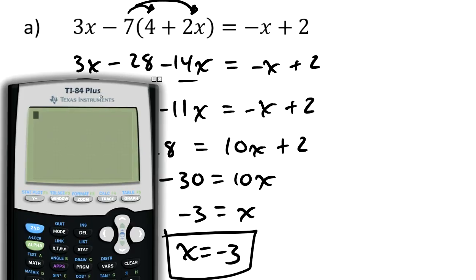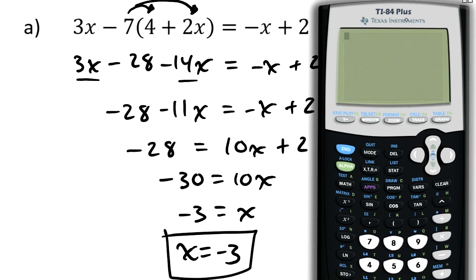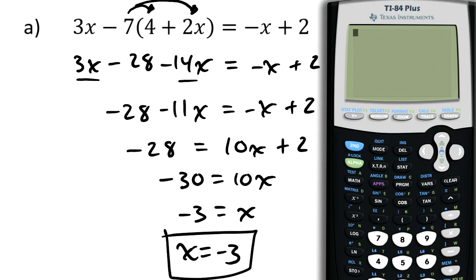And I'm going to do a numerical check here. So I'm going to plug this value of negative 3 into both the left side and the right-hand side, and just ensure that I get the same value on the left and the right-hand side. So I've got 3 times my solution of negative 3, and then minus 7 times open parentheses 4 plus 2 times negative 3.